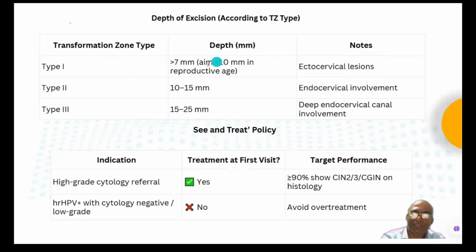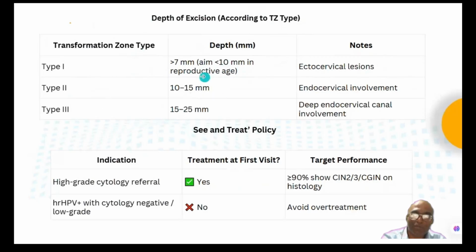Depth of excision will be around 7 millimeters. The aim should be less than 10 millimeters in reproductive age. So in type 1, where the cervical lesion is restricted to the ectocervix only, around 7 millimeters or less than 10 millimeters depth of excision is sufficient.